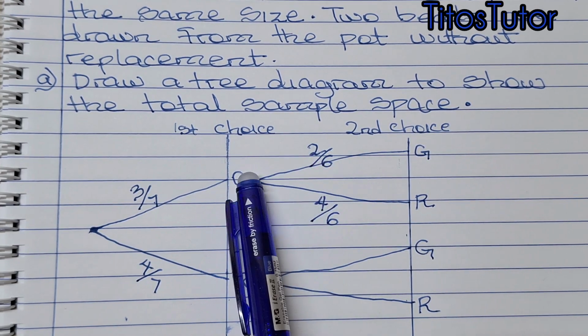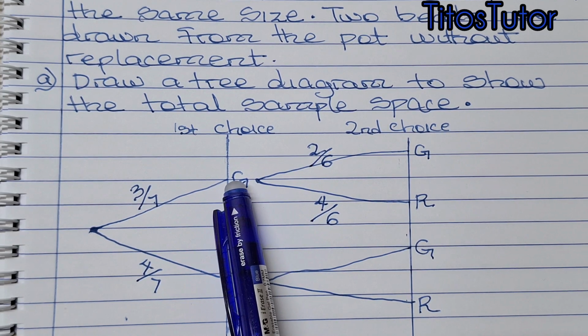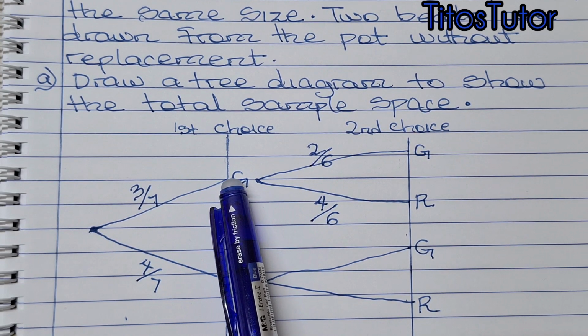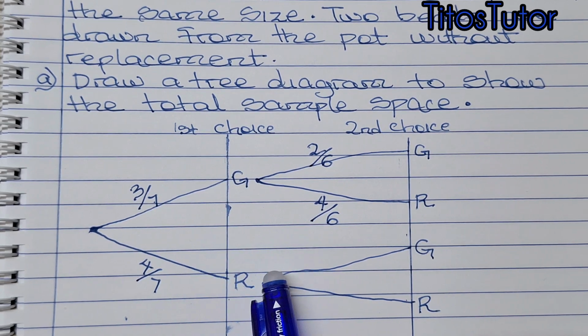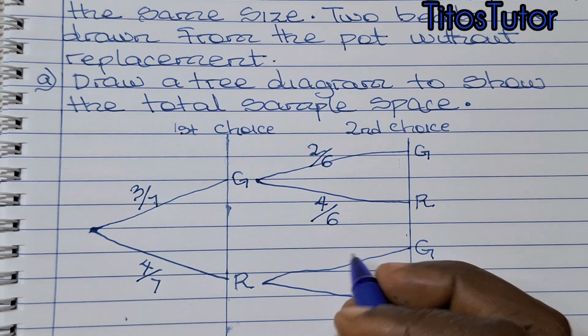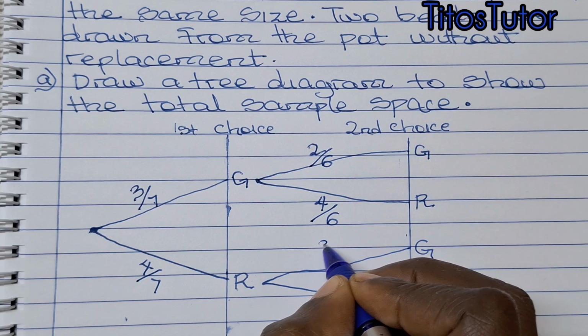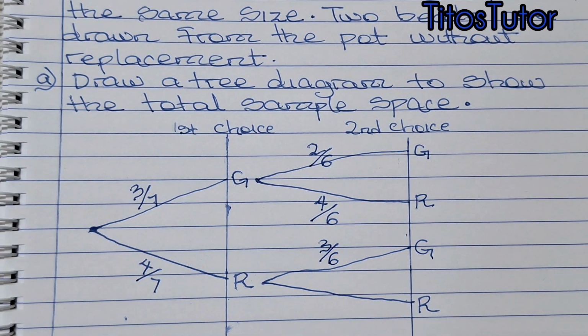It was 2 here because it was green I chose first and I didn't replace it. So I'm left with 2 greens. But here I chose a red, so my green is still intact. 3 of them. But my sample space, remember, I didn't replace it, so my sample space will change to 6. So here I have 3/6 for picking a green at my second choice.